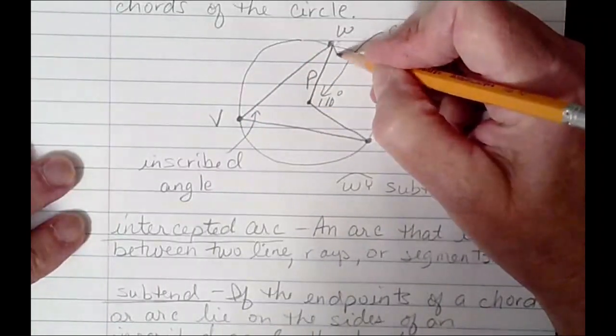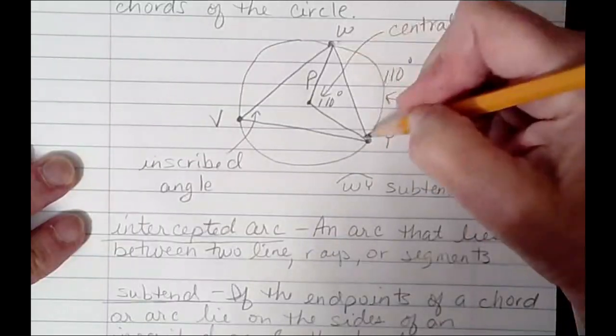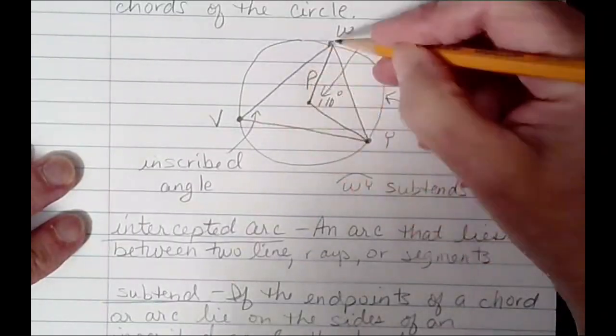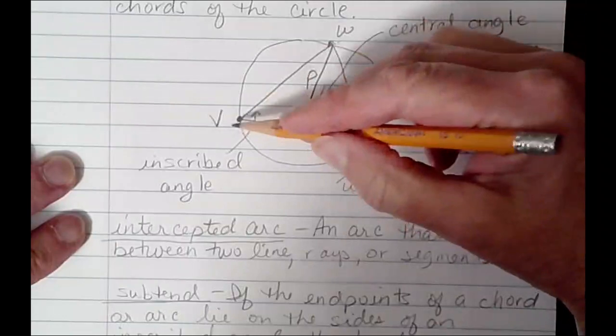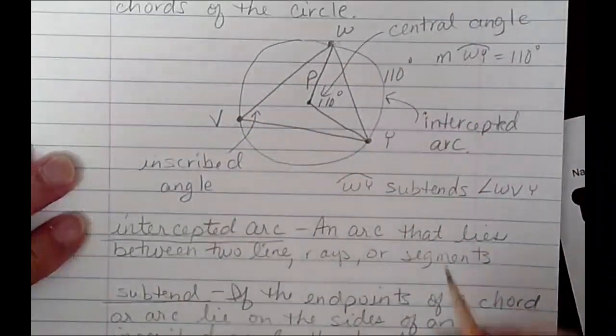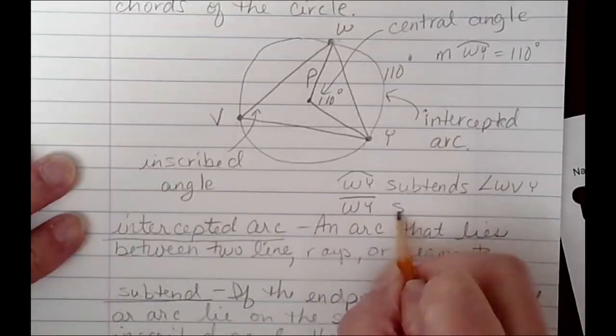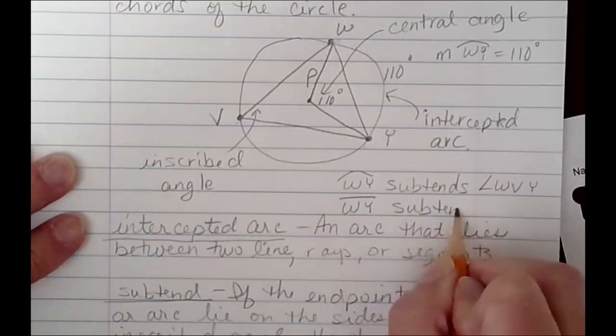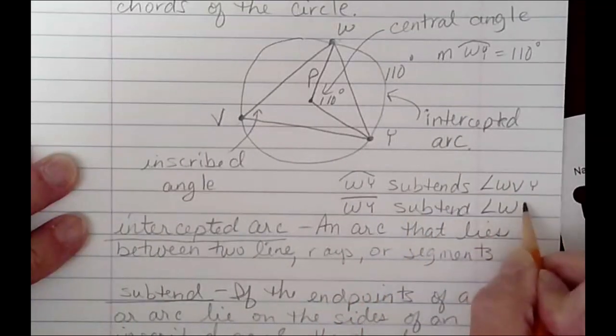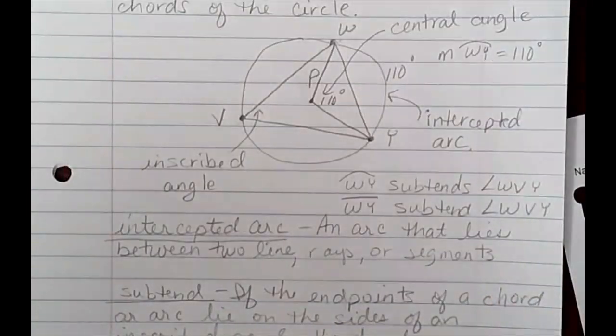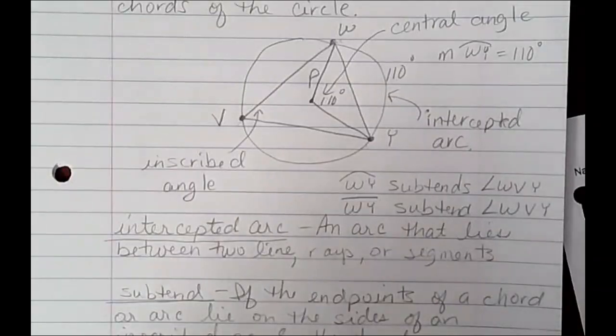If we were to draw chord WY, which also has the endpoints on this inscribed angle, we would also say that chord WY subtends angle WVY. All right, how are we doing?